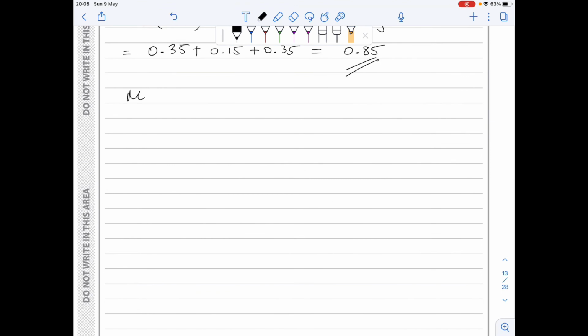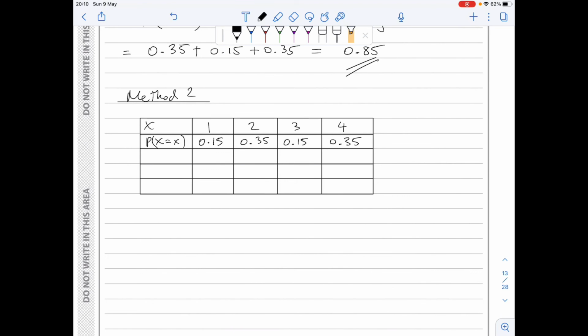Now for method 2, I will recreate the probability distribution table I had above. On this table, I will add another row for y, which is 12 over x. So I get 12, 6, 4, and 3. And then I will add another row for y minus x. I've got 11, 4, 1, and minus 1.